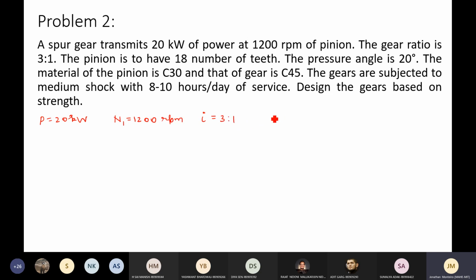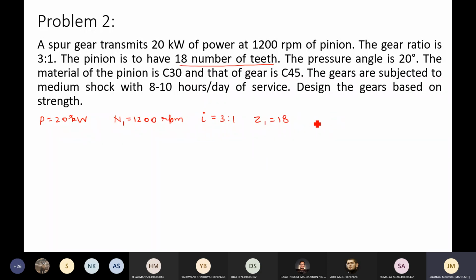The pinion is to have 18 teeth. So this is directly specified now. Here the number of teeth is known, so Z1 is 18. Once it is given, we are not going to check whether interference is taken care of or not; you can directly take it.